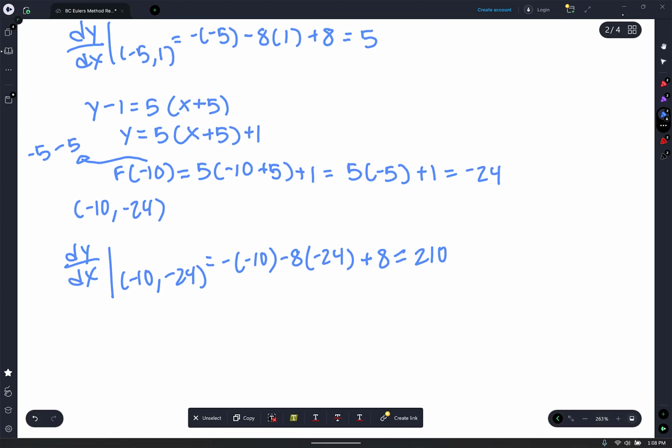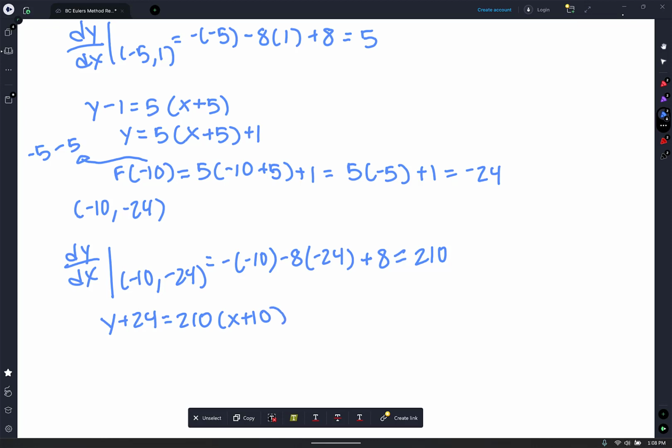So then, putting that into an equation again, that's y plus 24 equals 210 times (x plus 10). So y is equal to 210 times (x plus 10) minus 24.